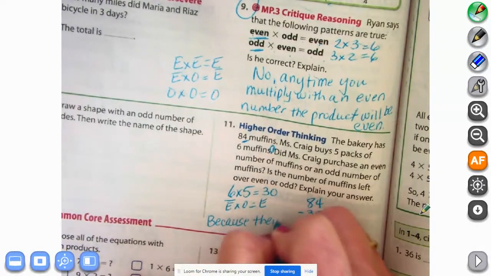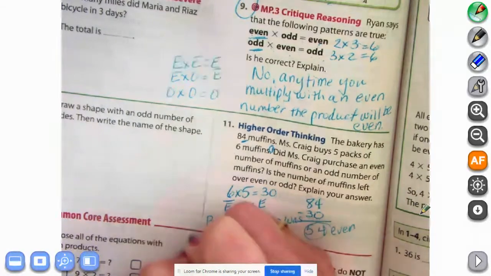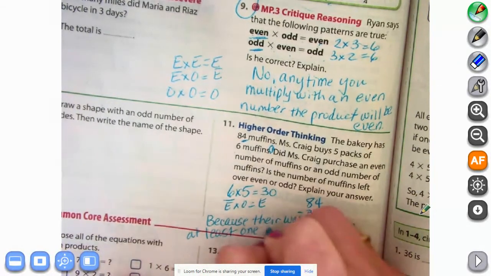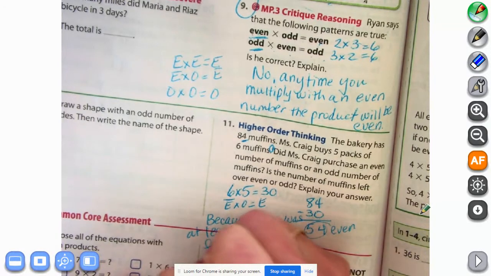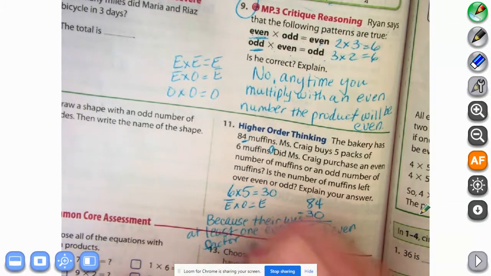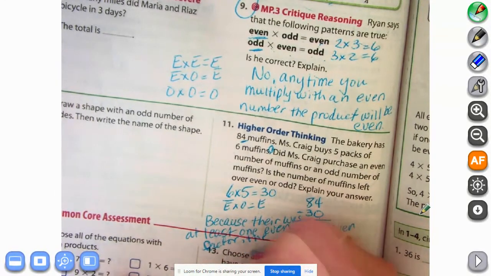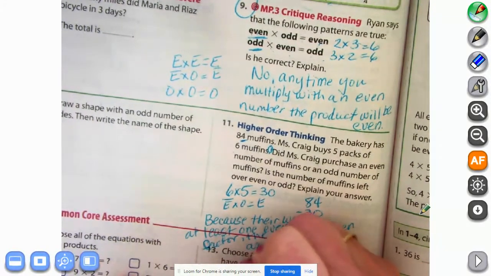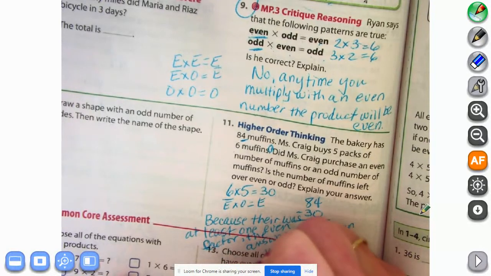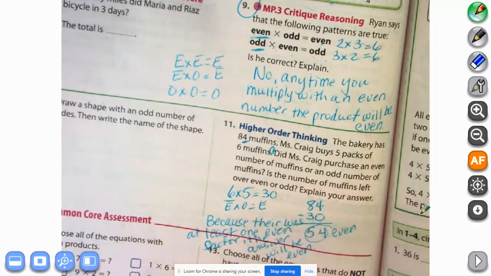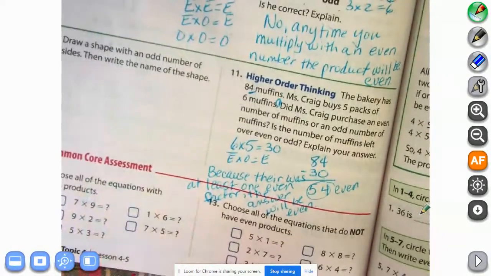Because there was at least one even factor, the answer will be even. Kind of had to write that crooked, didn't I?